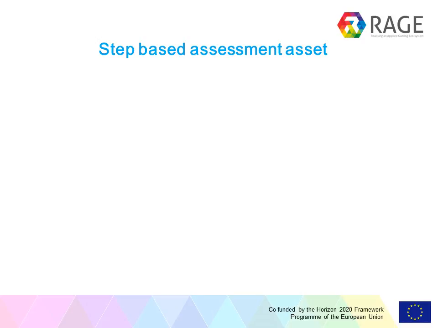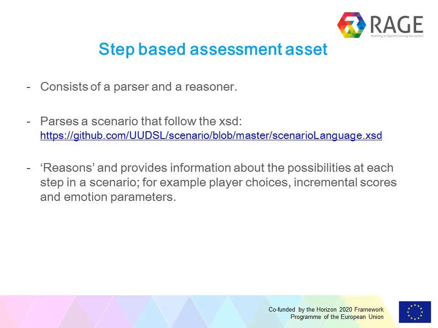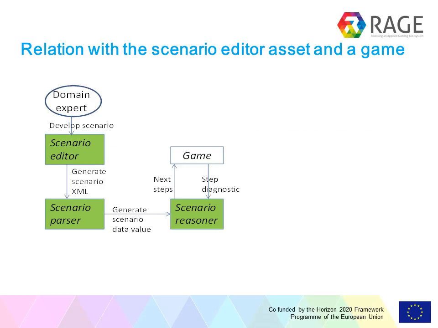Then the other asset, the step-based assessment asset, consists of a parser and a reasoner. It parses a scenario which follows the schema, and it reasons, or provides information, about the possibilities at each step in a scenario. This shows the schematic relation with the editor asset.